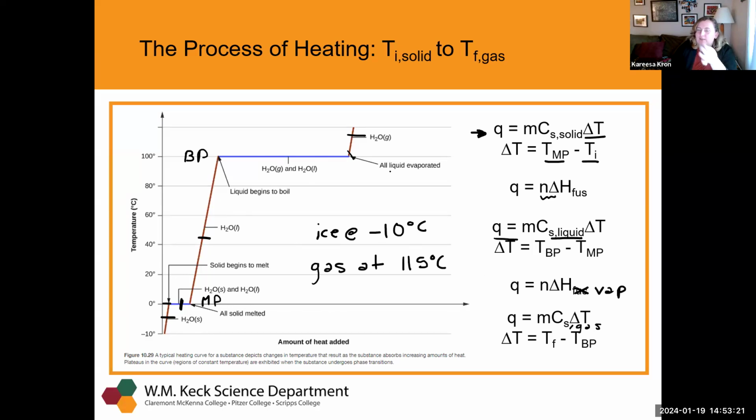And you can imagine if instead of going from a solid to a liquid, we could go from a gas to a liquid, or we could go downwards in this process. And then your final and initial temperatures will just change based on the direction you're going. And so this is how we'll start to navigate some of these problems and look at how much energy we actually have to put in to a phase transition to get it to happen, and start to describe how our temperature changes as we put this energy into our system.